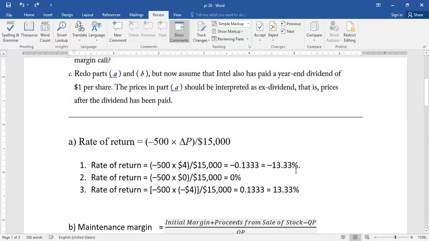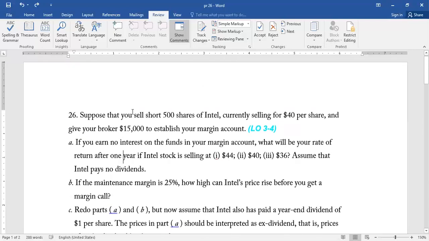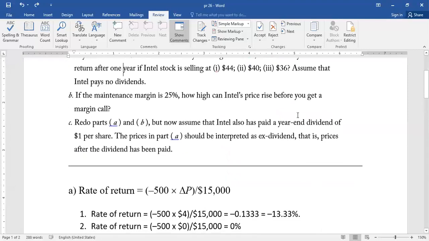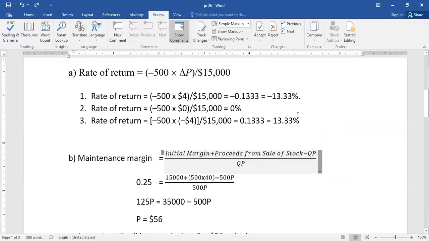Now, how much money did I get from selling the stock at the beginning? What does it say? We suppose that you sell or you short 500 shares of Intel for $40 per share. So you're selling 500 shares. Each share costs $40. So how much are you getting from the sale of stock?